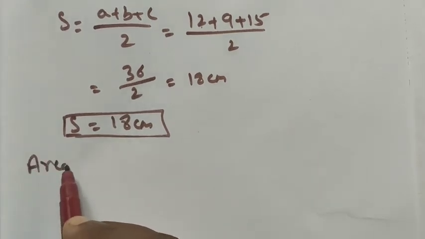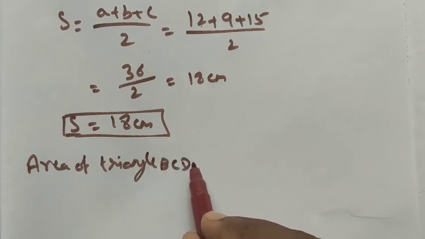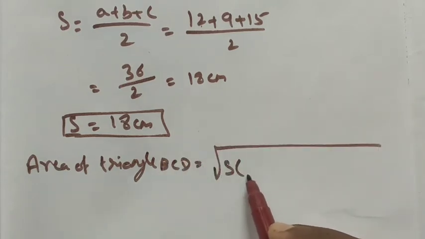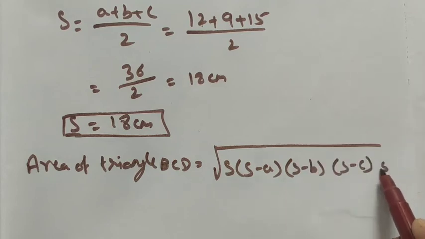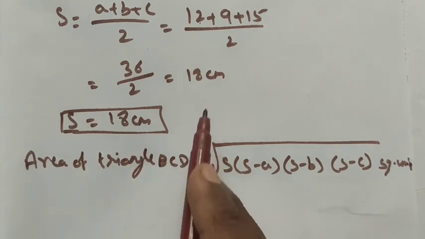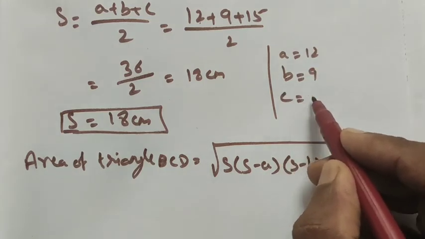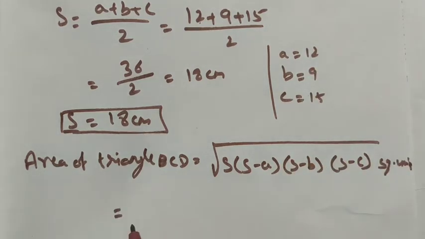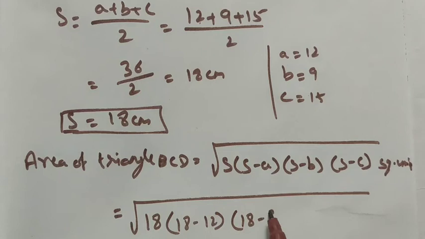Area of triangle BCD is equal to root of S into S minus A, S minus B, S minus C square units. Now apply the values of S and A, B, C. Here A is equal to 12, B is equal to 9, C is equal to 15. This term is equal to root of 18 into 18 minus 12, 18 minus 9, and 18 minus 15.